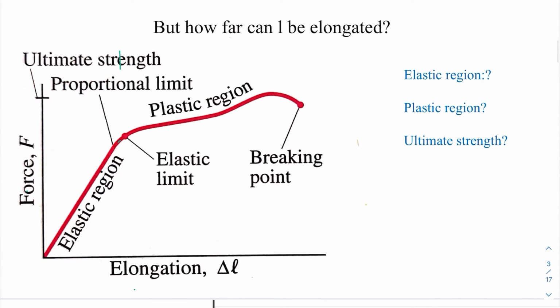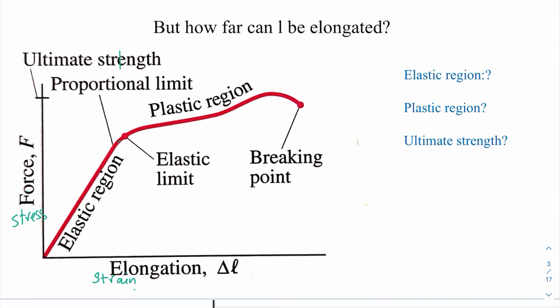This graph, which is known as the force and elongation graph, or in some books written as the stress and strain graph, shows the elastic and plastic regions of the materials. That's a very important graph.